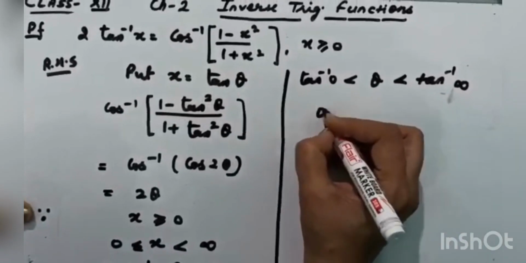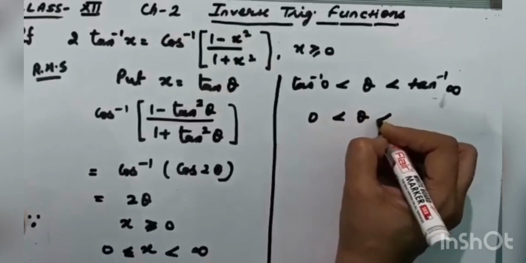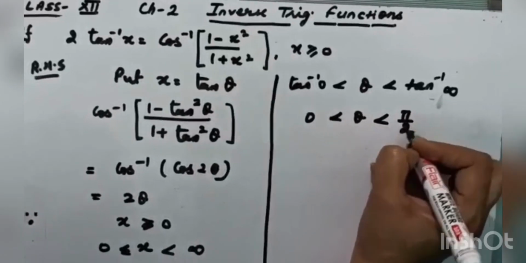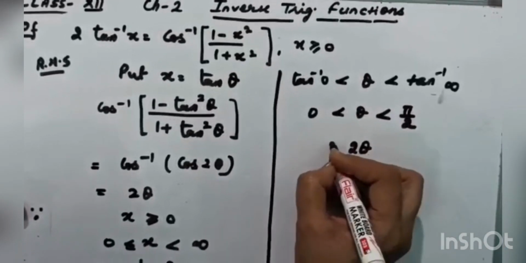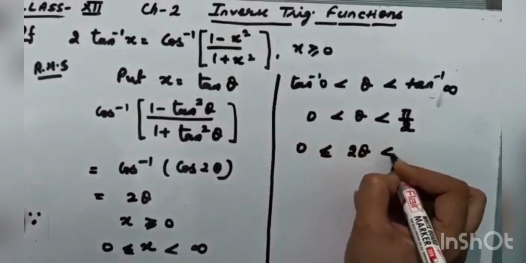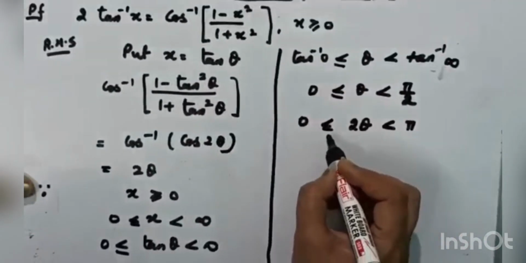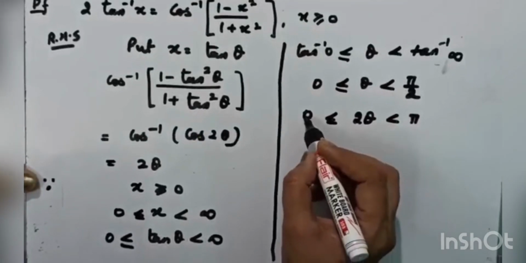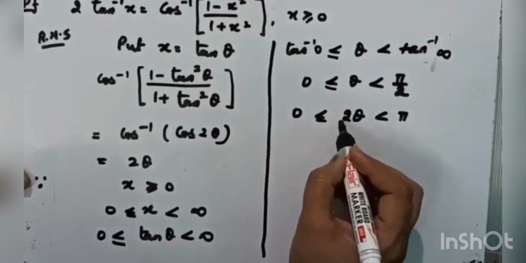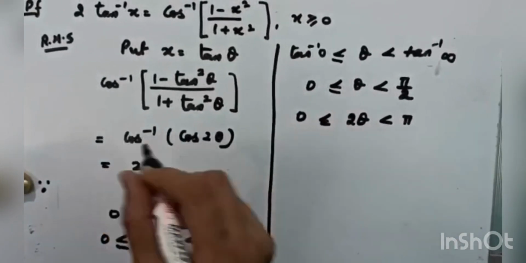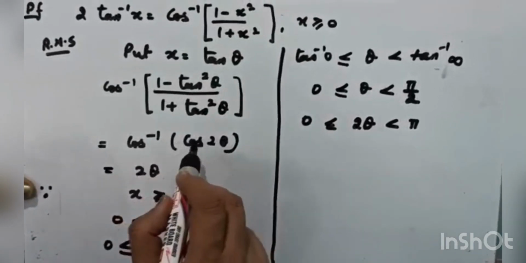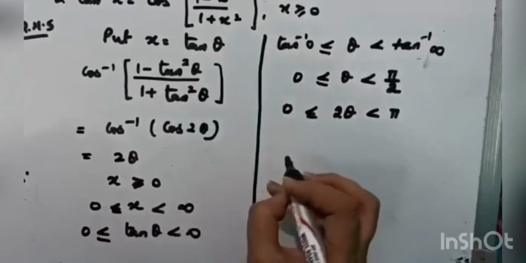So tan inverse 0 is 0, and this is pi by 2. So for 2 theta, this is greater than or equal to 0 and less than pi. So 2 theta belongs to the interval 0 to pi, that means it is the principal branch of cos inverse. So we can write cos inverse cos 2 theta as 2 theta.